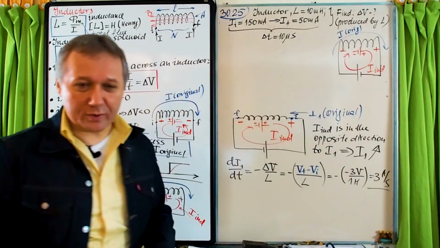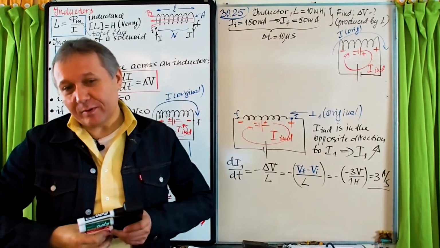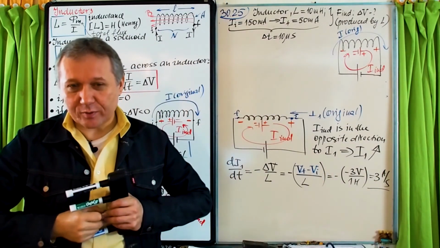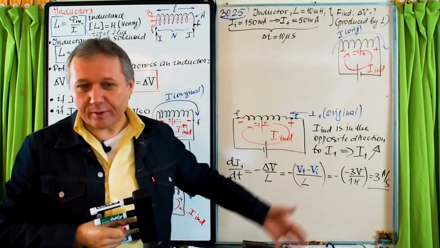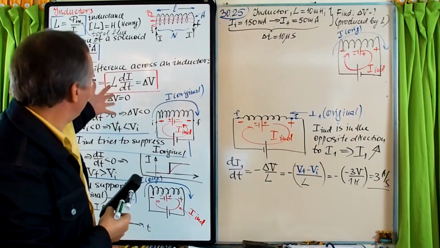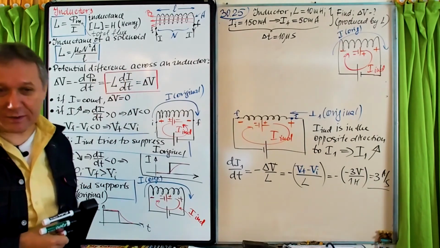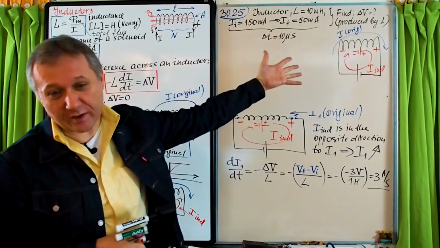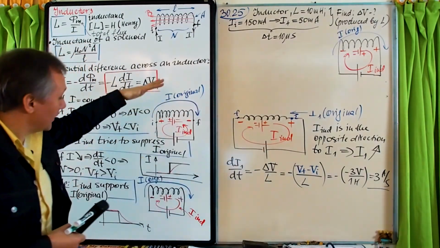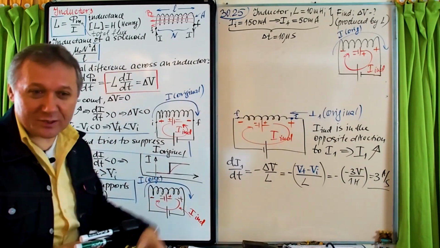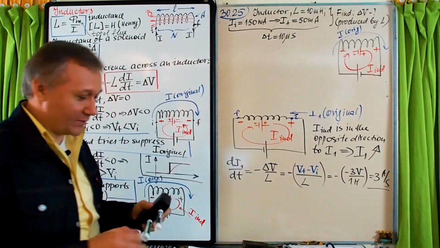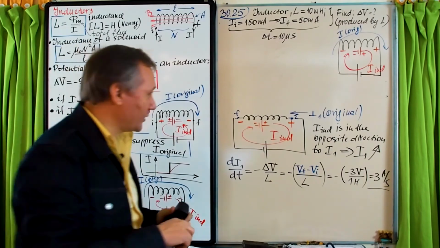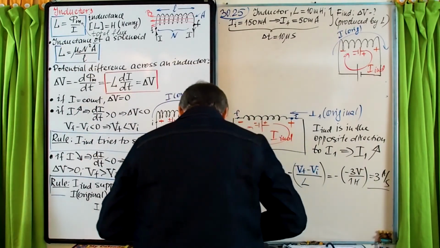At the initial point we have low potential. So delta V must be positive. Right? So let's get it anyway mathematically, because we have the formula, and let's calculate that anyway. But first I want to discuss conceptually, because again, it's all about supporting or suppressing, not flux, current. Supporting or suppressing the current.